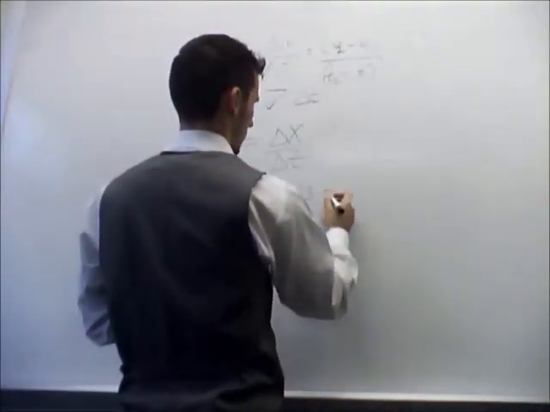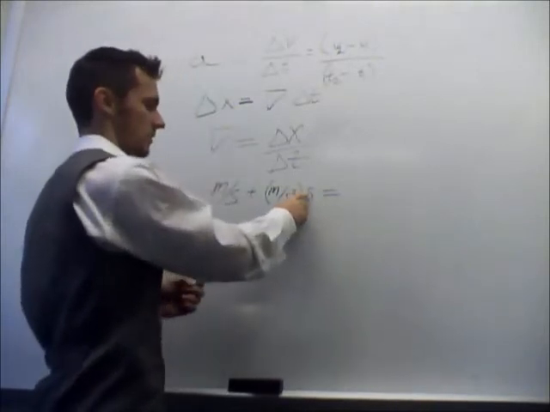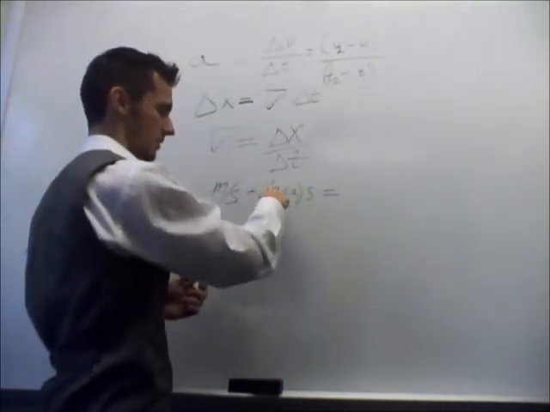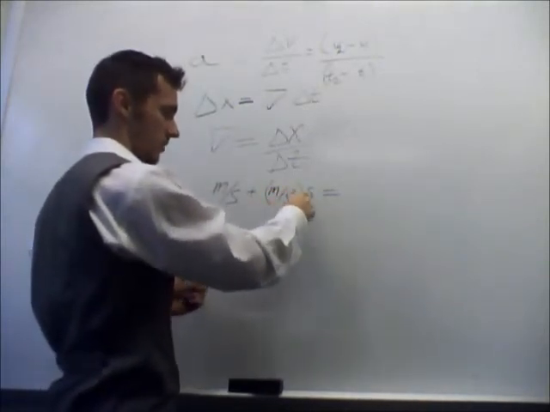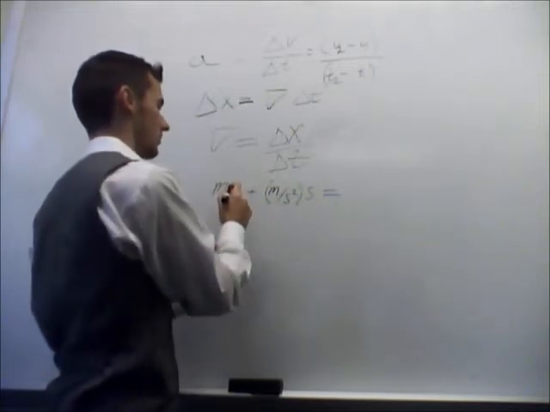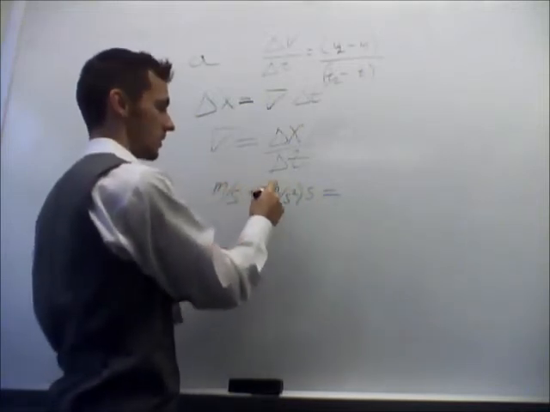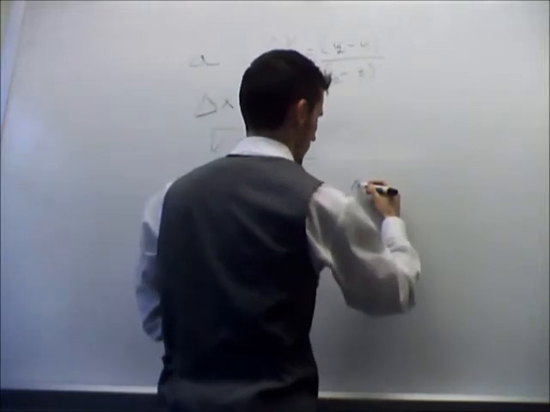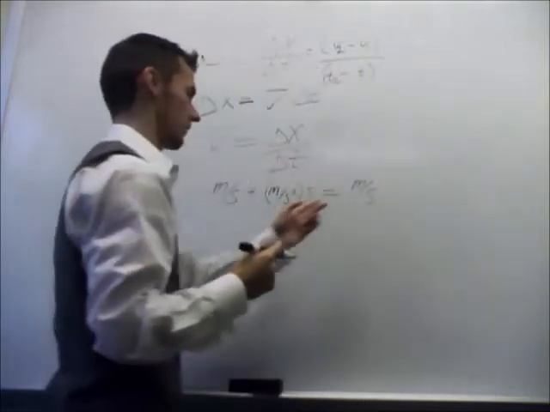And because one of the seconds in meters per second squared cancels with the other one, you're going to be left with meters per second plus meters per second. And you're going to be left with your final velocity.